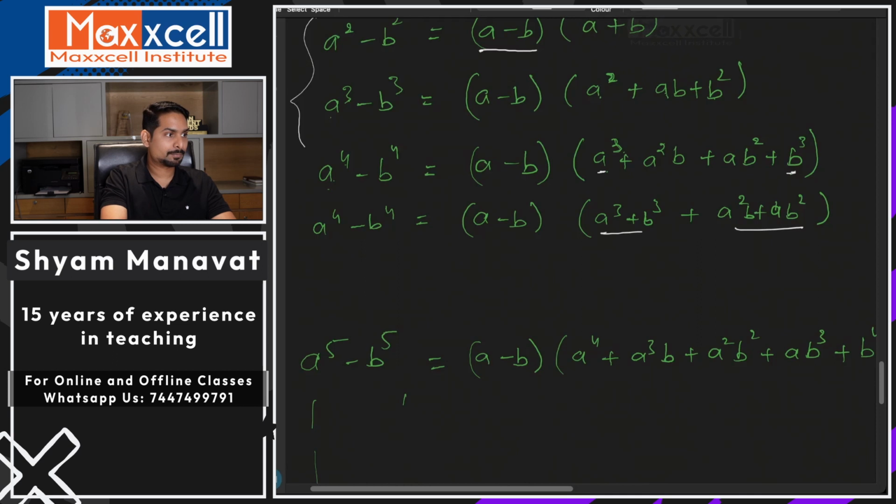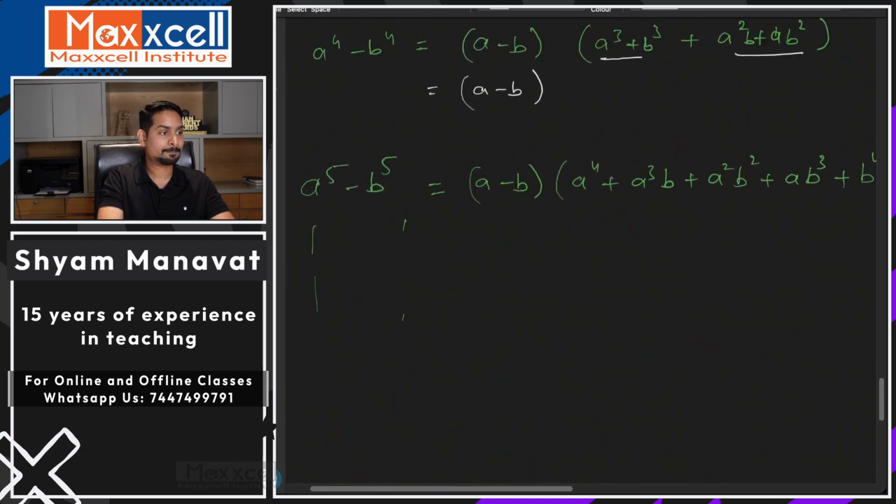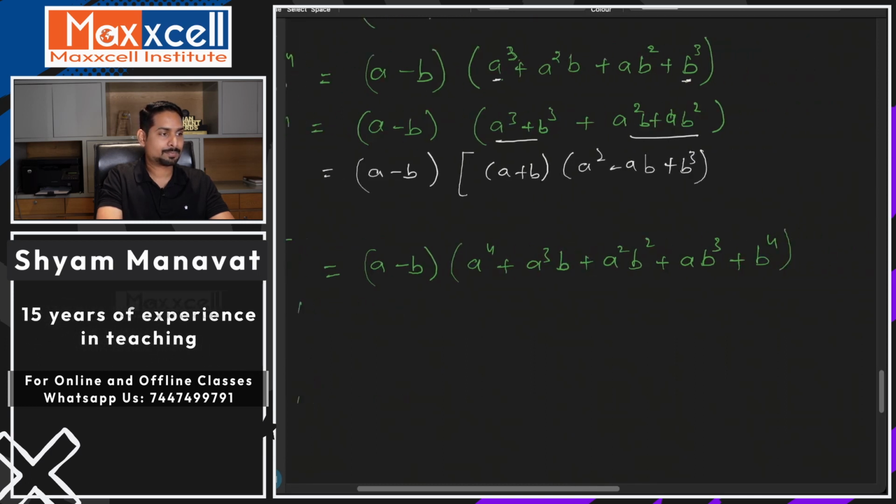So further I have a minus b, and this a cube plus b cube will have the first term as a plus b and the second term as a square minus ab plus b square. And from here, let me write it like a plus b, stay tuned, a square minus, don't skip. I know it might be confusing because you're doing it for the first time, but don't skip.